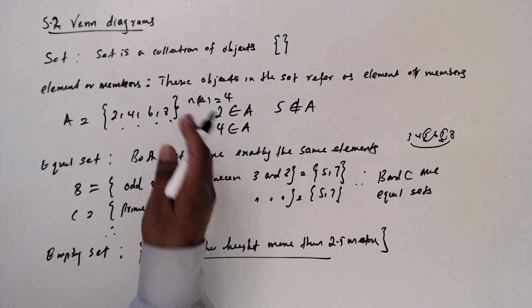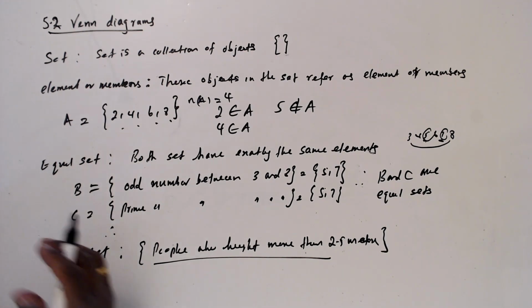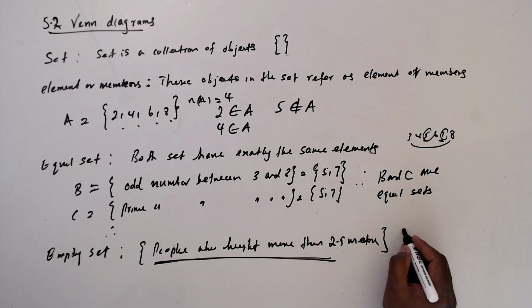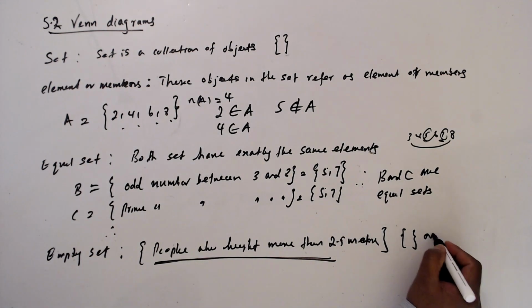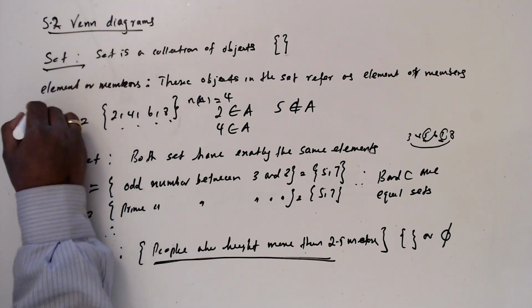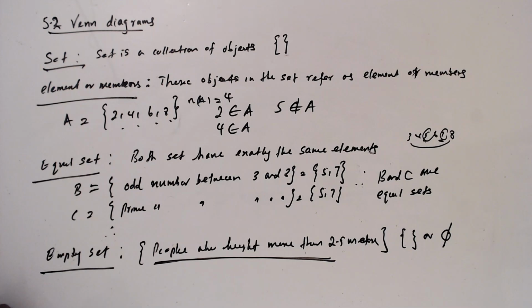Sets can also be countable or uncountable, and we are working with countable sets. You can't find any such people, so this is an empty set. We write it like this, or with the phi symbol. So we have done set, elements or members, equal set and empty set.